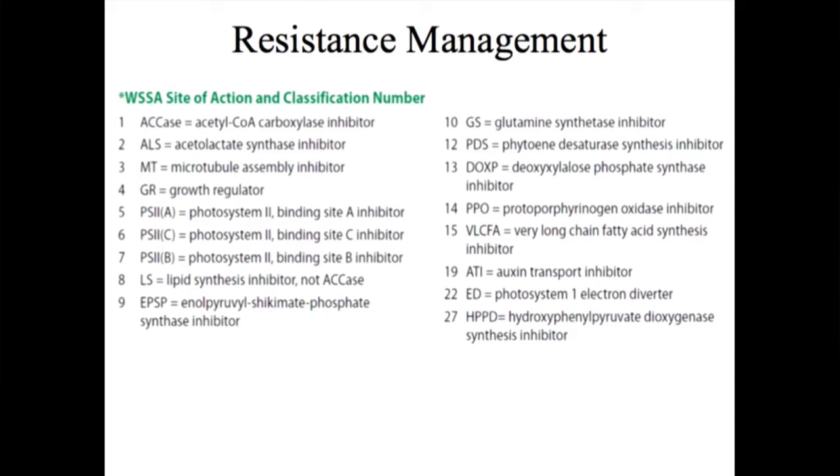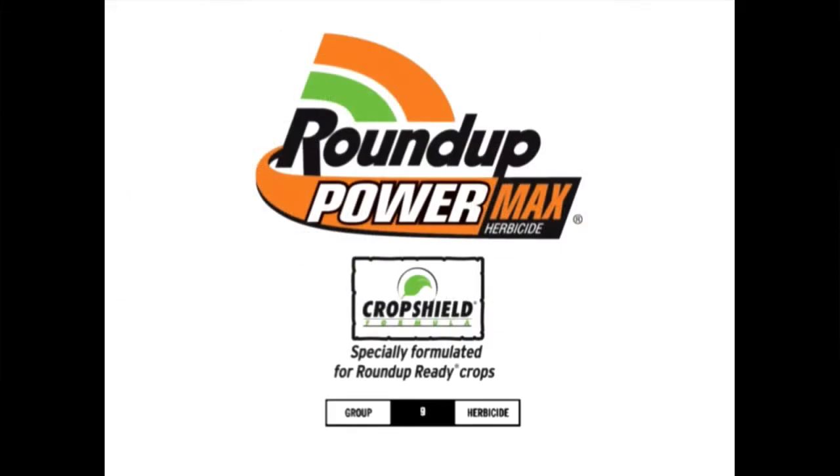And the only way that we're really going to prevent herbicide resistance from beginning or really getting out of hand is if we do something to remove that constant selection pressure off of one of these sites of action. Roundup, if you look on it, glyphosate is the active ingredient. It's a group 9. So that's the mode of action on it.